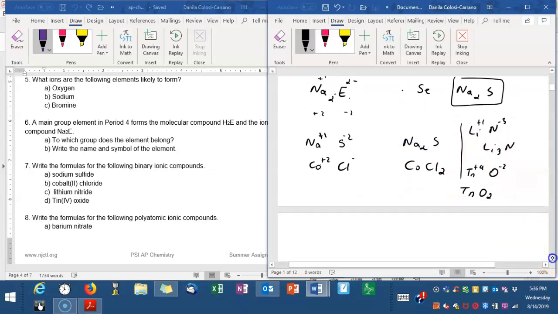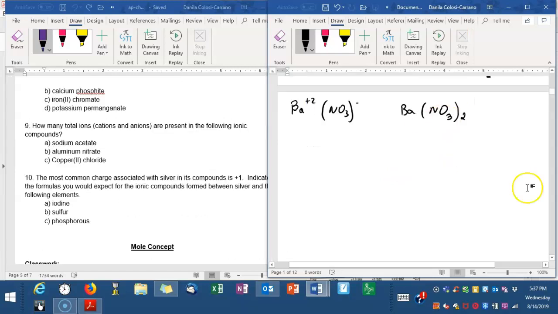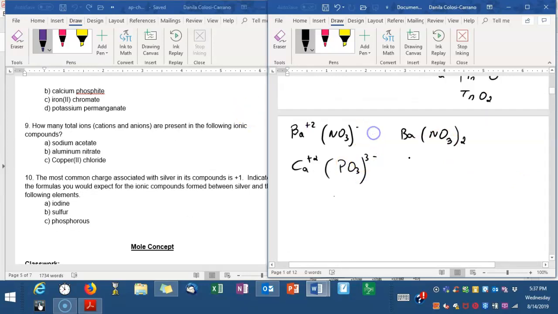Write the formulas for the following polyatomic ion compounds. Barium nitrate. So barium has a +2, nitrate has a -1, so you need 2 of those, right? So barium nitrate, and then calcium phosphide is this one with the sugar.